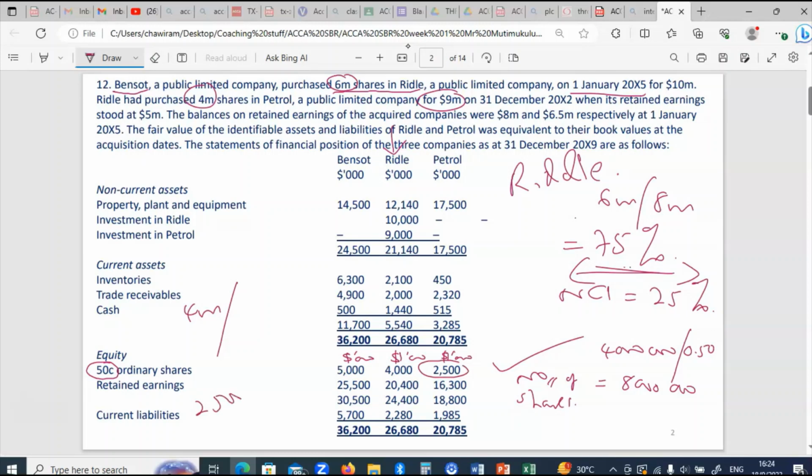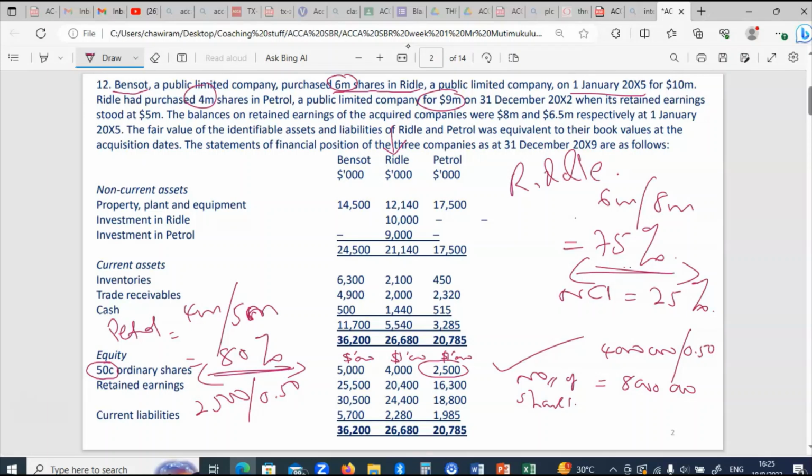So 2,500 divided by 0.5 gives us 5 million. The Petrol shares were 5 million, but we bought 4 million. Therefore, the percentage acquisition is 80%. 4 over 5 million, that's 80%.